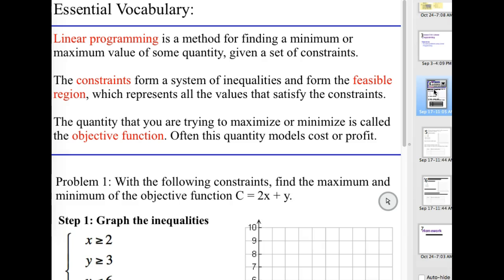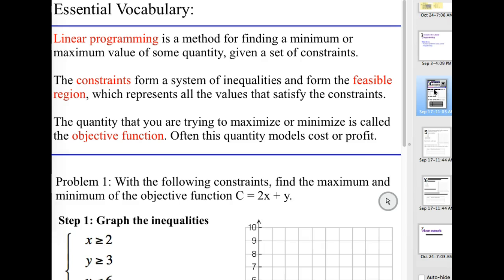Or you have a limited number of employees or time constraints. So businesses have all these constraints they have to work within, but they still want to minimize costs and maximize profit, okay? And the process of figuring out what is that best option for how many things we should make that will make those things happen, that process is called linear programming.